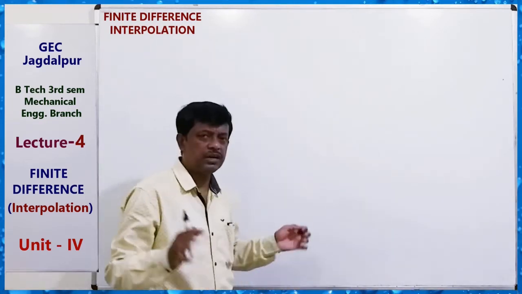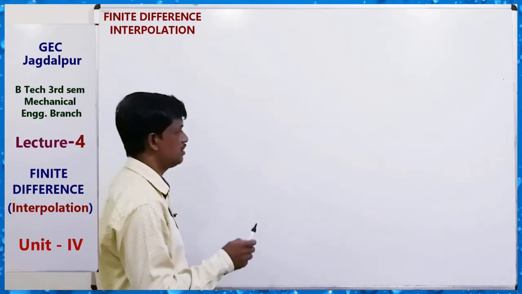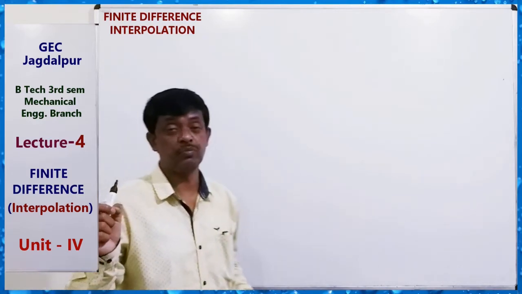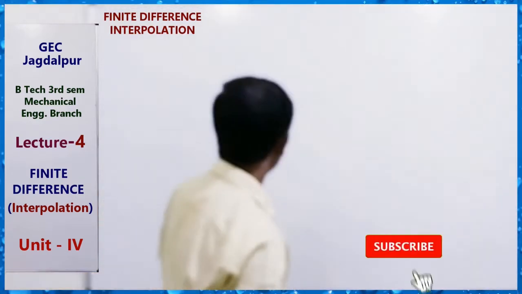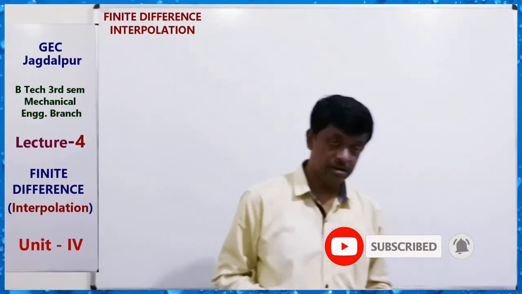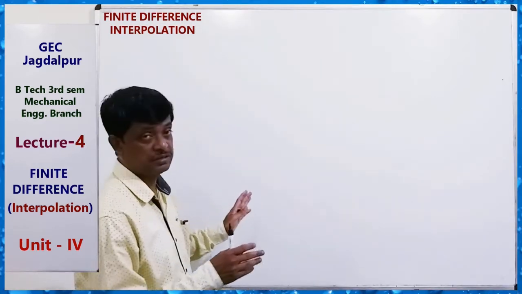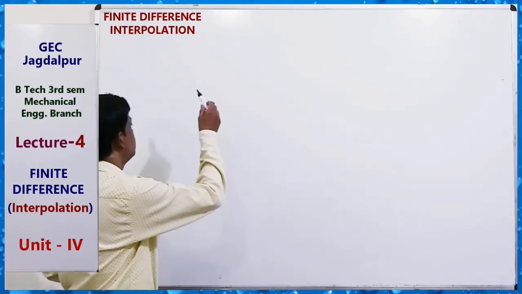But we know that table preparation is the same. Notation is very, very important. So for Stirling's formula and for Bessel's formula, for understanding, we just have to make a table.